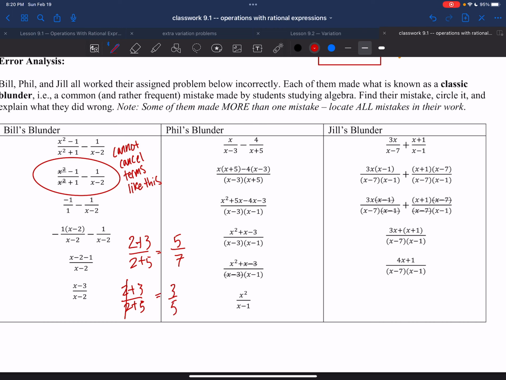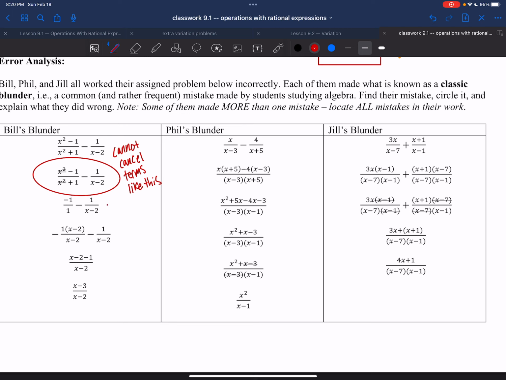Except that's erroneous, right? That's false. Never. No. We can't do that. And that's a really common mistake for algebra students to make. So be very careful with that, okay? The only time you're going to cancel is when you've completely factored everything and you have common factors on top and bottom.